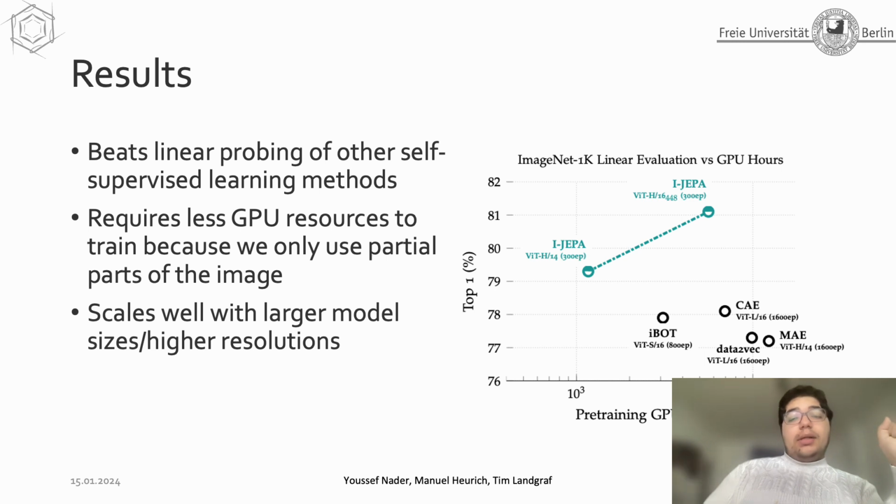We also don't have a decoder, so we're not trying to project back to the pixel space. We're just comparing the encoders in the representation space, which scales much better and is faster to train and faster to reach these performances than other architectures.